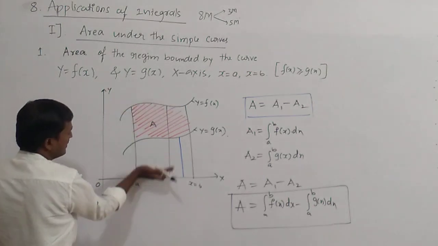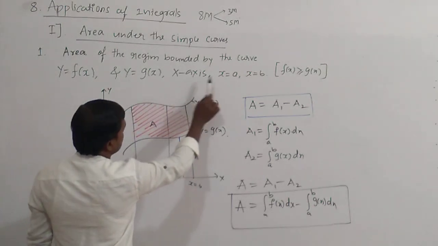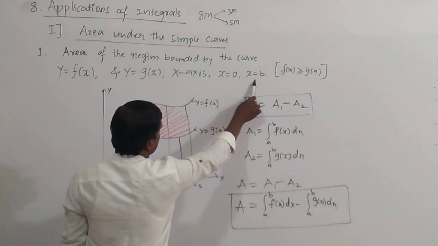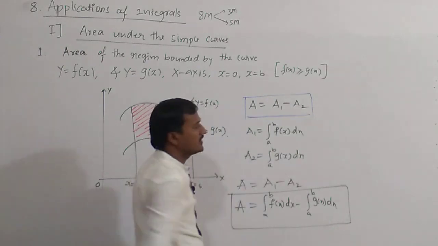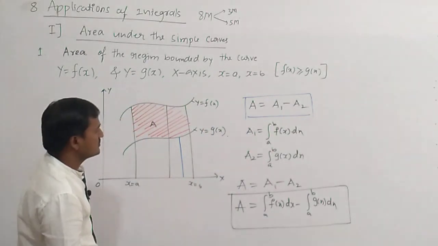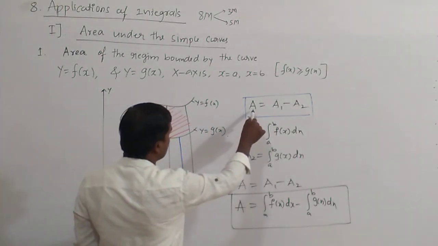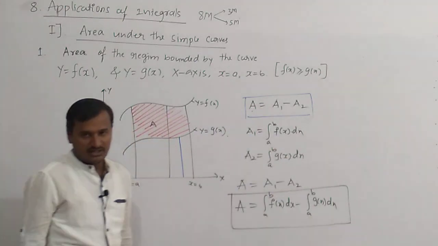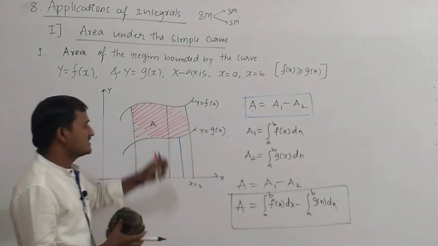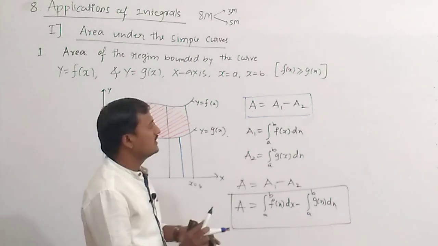This area clearly lies on the x-axis with the lines x equals a and x equals b, and here f of x is greater than or equal to g of x. So in this case the area is equal to a1 minus a2, right?